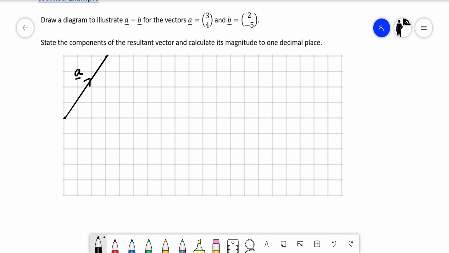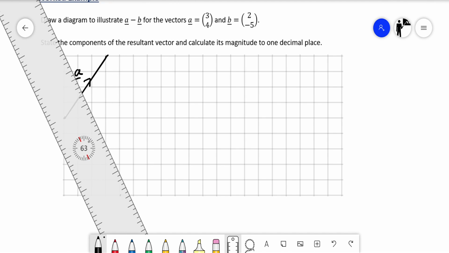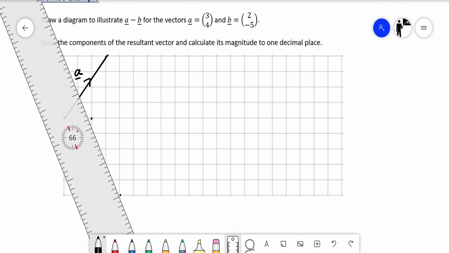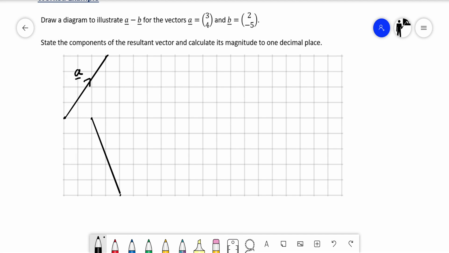B is 2, minus 5. Pick a point here. So we're going to go 2 along and 5 down. 1, 2, 3, 4, 5. Okay, there's the vector B.